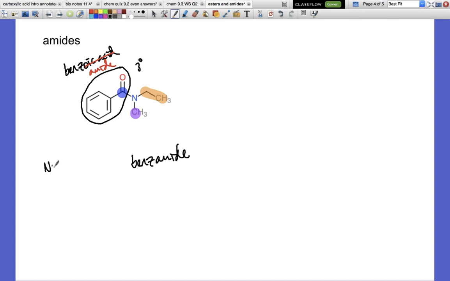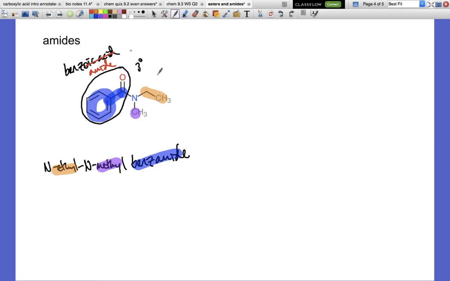So I have an N-ethyl and methyl benzamide. So again, you should be able to see all parts of that. Got a methyl, I got an ethyl, and then my benzamide is this ring, and everything else that came from my carboxylic acid.